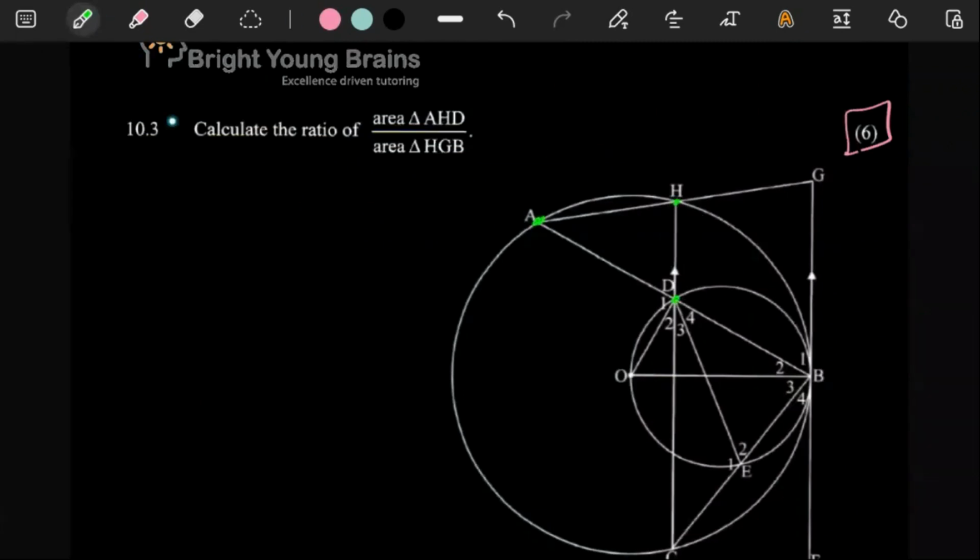The other triangle that they are talking about is HGB. So there's H, G, B. So AHB, we kind of even have to draw it.